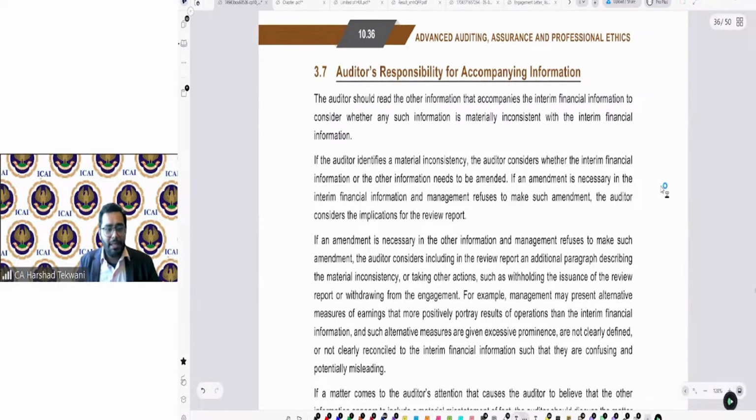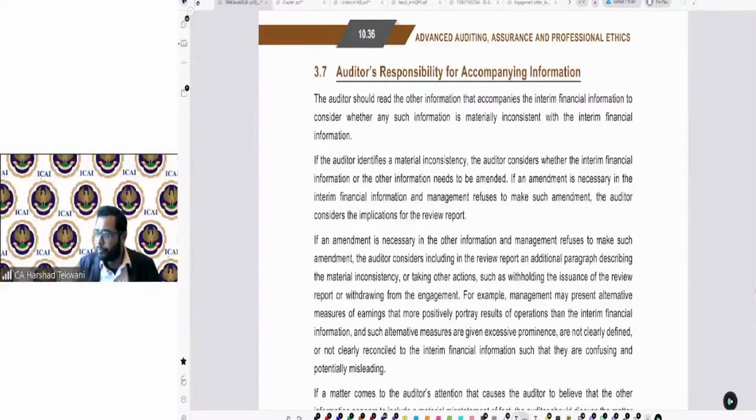See, in certain scenarios, interim financial information might be presented with other information, the way we have the requirement of other information in the annual report. Auditor's responsibility with respect to the other information: you might have seen, we discussed the same when we were discussing SA 720.